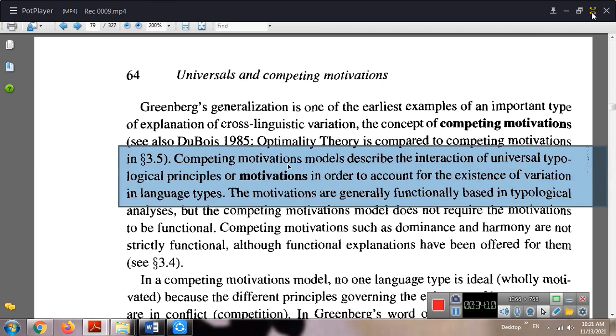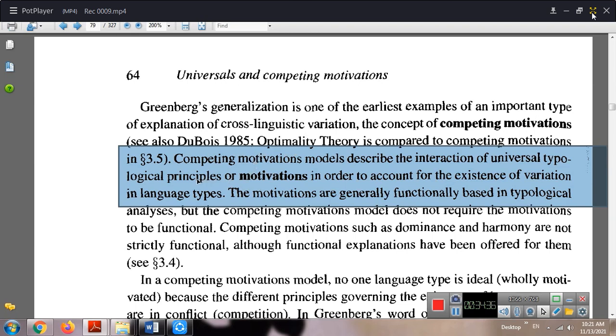Competing motivations models describe the interaction of universal typological principles or motivations in order to account for the existence of variation in language types. This is the definition of competing motivation.